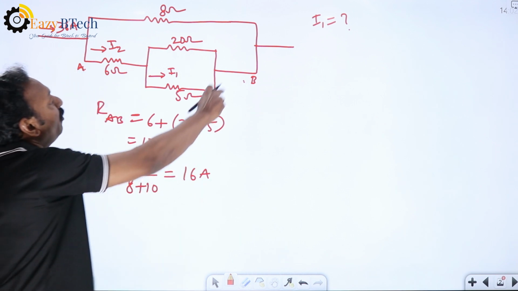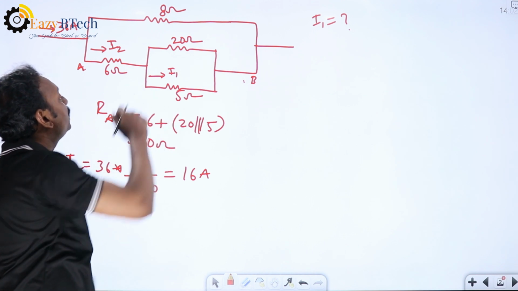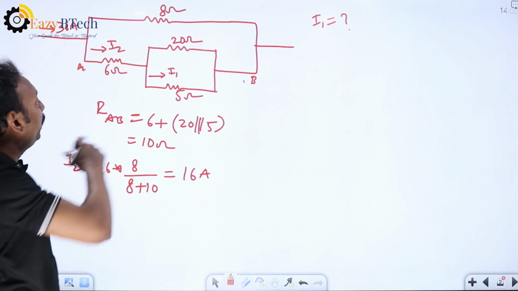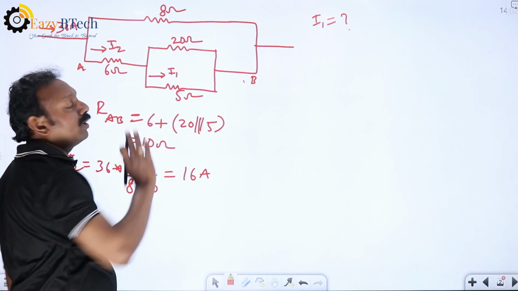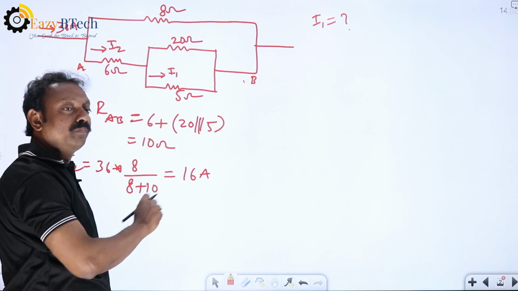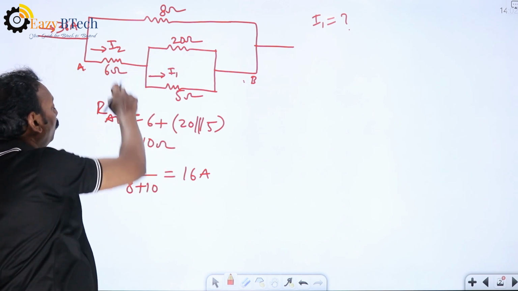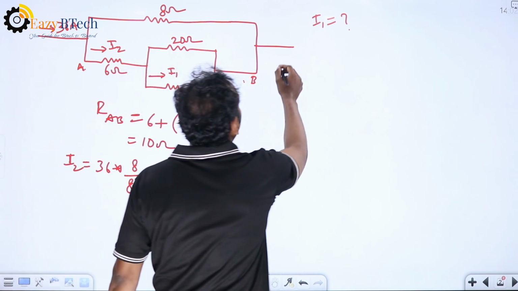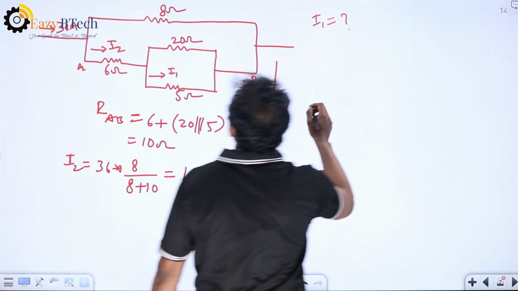Now, in the problem, we have to find the I1 value. I1 is the current through 5 ohms. How to find the I1 value? Here 20 and 5 are parallel. So for 5 ohms, the opposite resistance is 20 ohms. Here the total current is I2, which we got as 16 ampere. Now apply the same current division rule again.